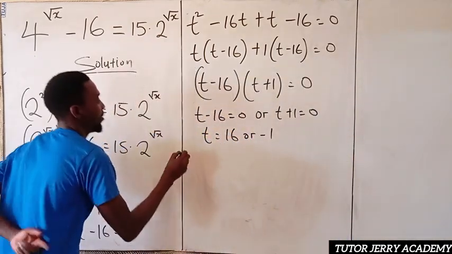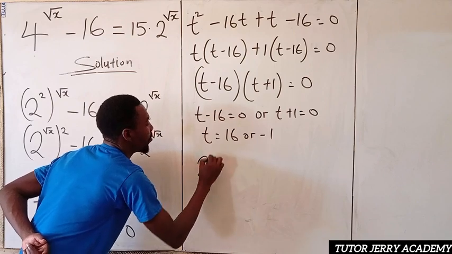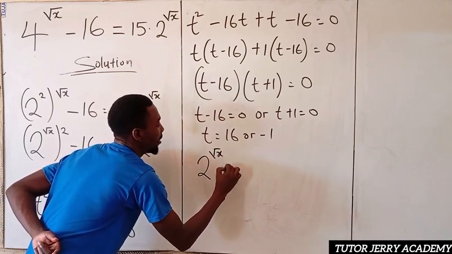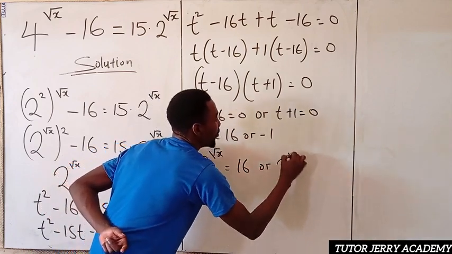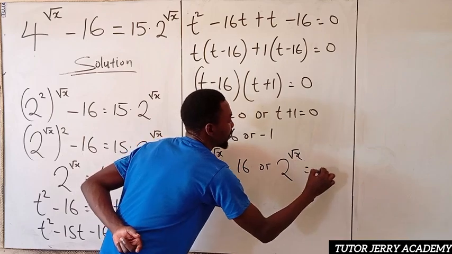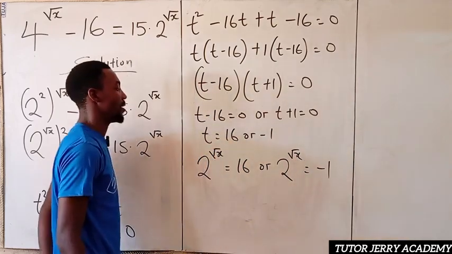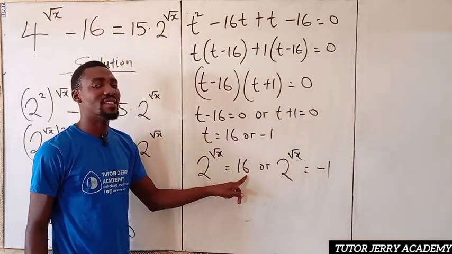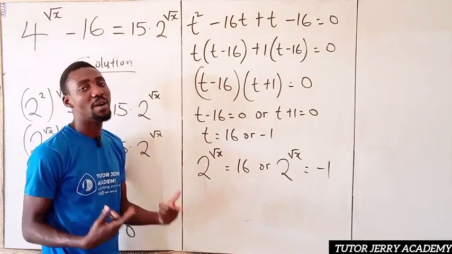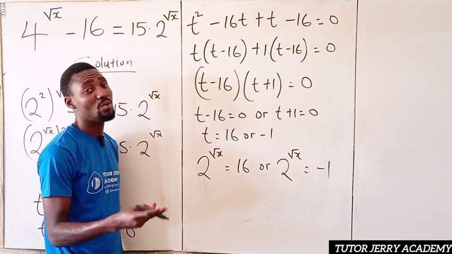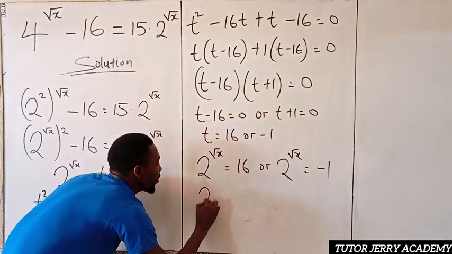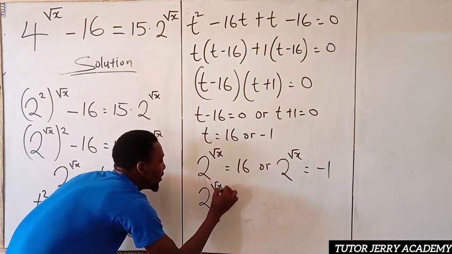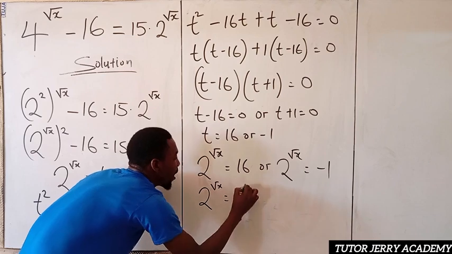So here we are going to have 2 to the power of root s equals 16, or 2 to the power of root s equals negative 1. Here our 16 can be written as 2 to the power of 4, because 2 times 2 is 4, 4 times 2 is 8, 8 times 2 is 16. So we have 2 to the power of root s equals 2 to the power of 4.